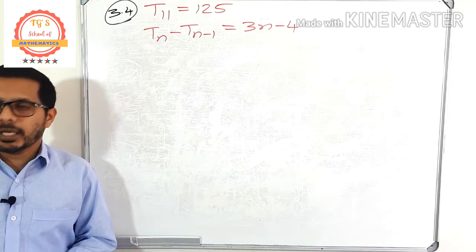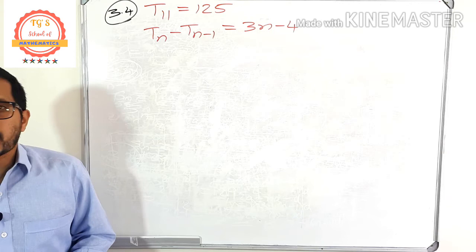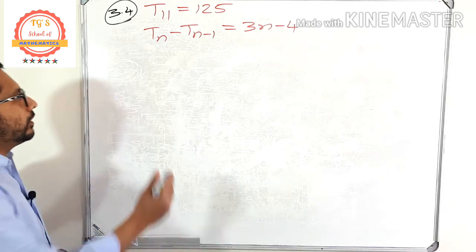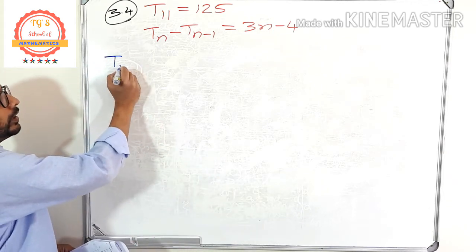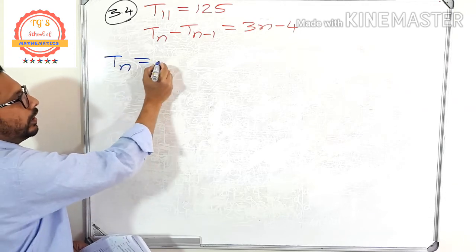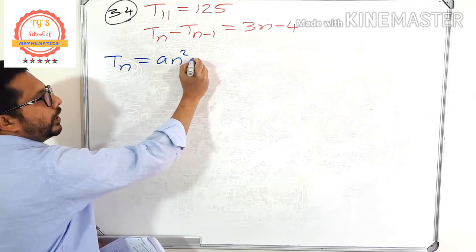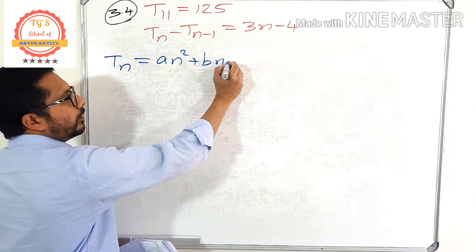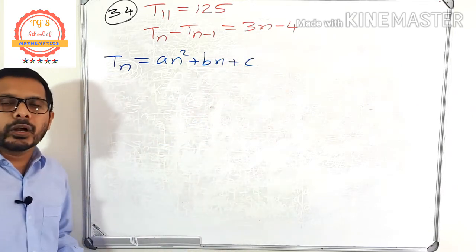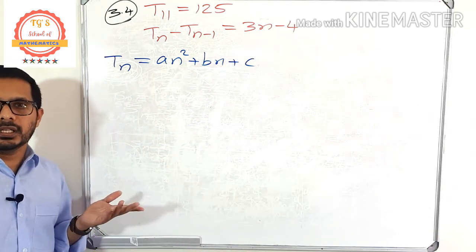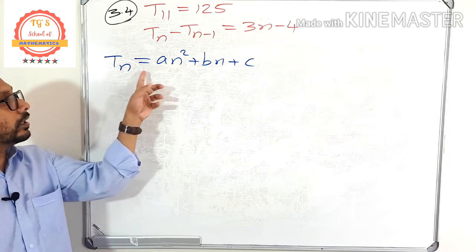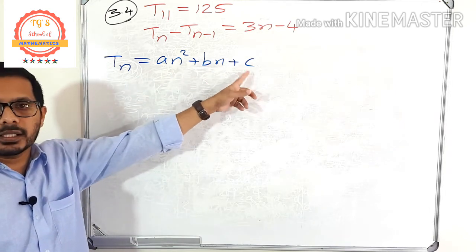What is the nth term? How can we express the nth term of a quadratic sequence? Tn is equal to an square plus bn plus c.